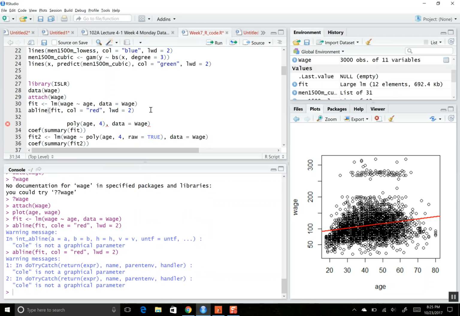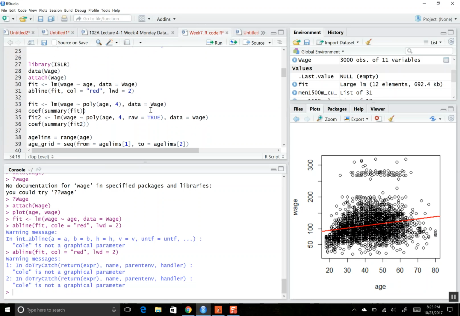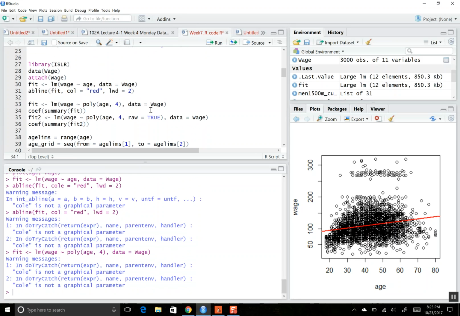So we can try fitting a fourth order polynomial, and we can say fit wage with poly, okay, and did I mess something up here?